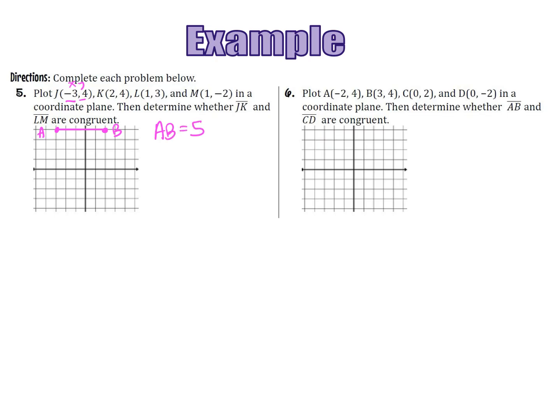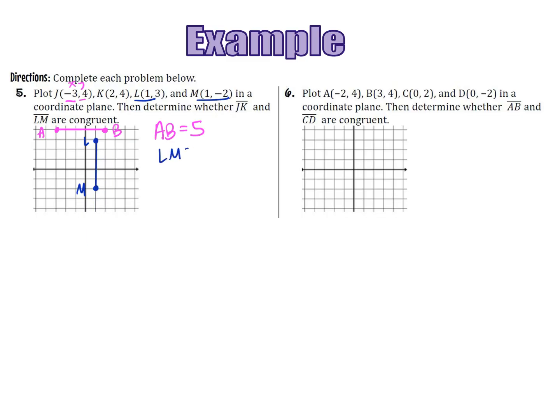And since I'm talking about the length numerically, I'm not going to put a segment symbol, and I'm going to put an equal sign. Why don't you go ahead and plot LM and connect them and count to determine that length? All right, so L is over 1 up 3, and M is over 1 down 2. And if I count 1, 2, 3, 4, 5, it also has a length of 5.